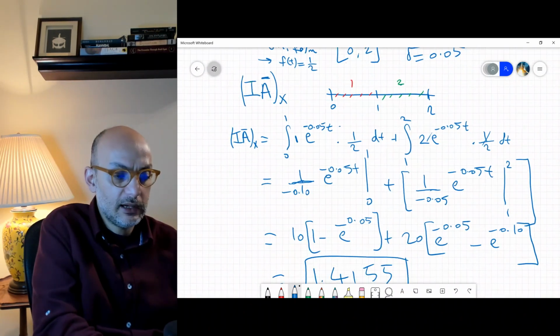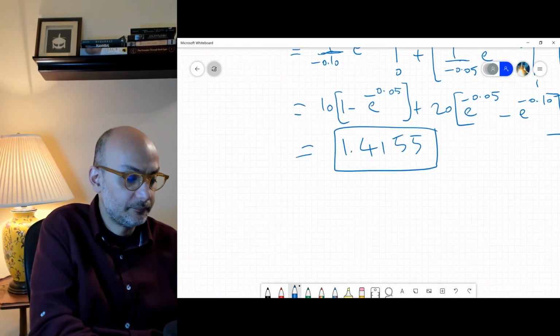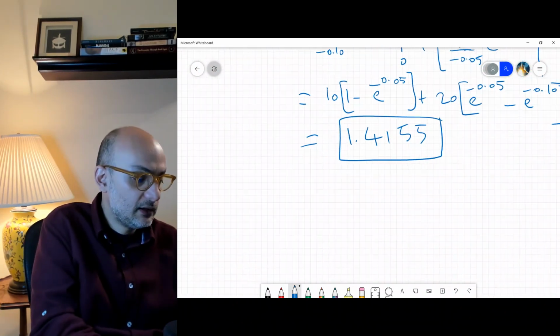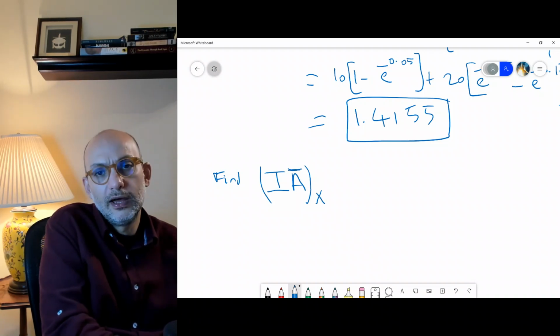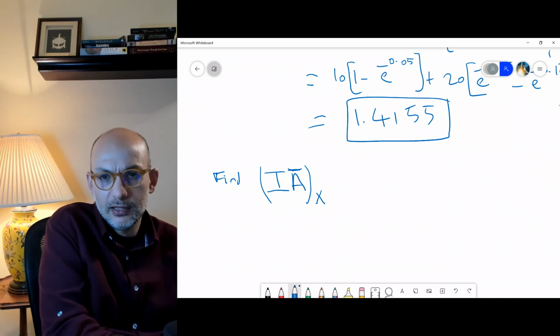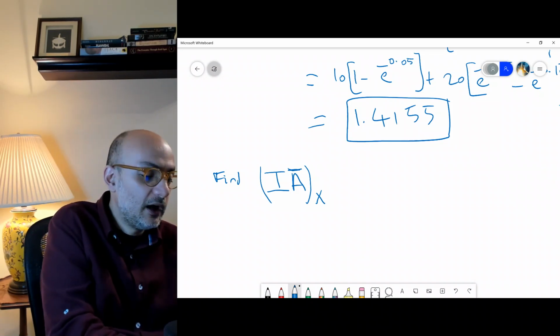Now let's take another case. Let's find now (IA)x. Now this one is continuous, so payment is made at the time of death, and the increase is continuous.